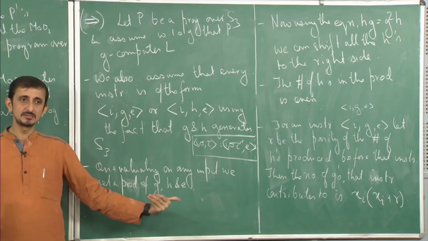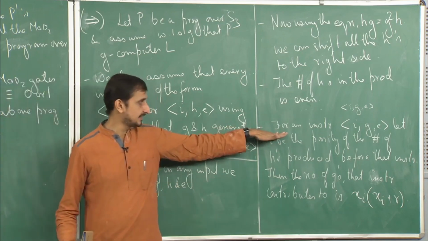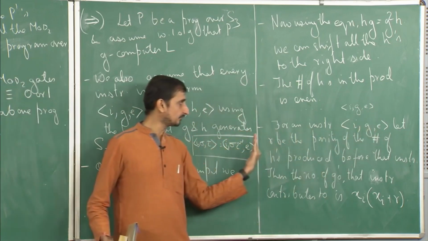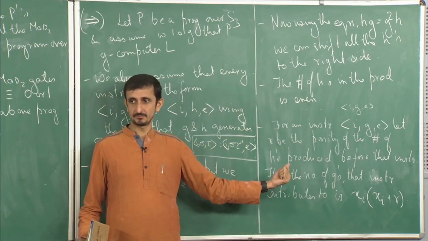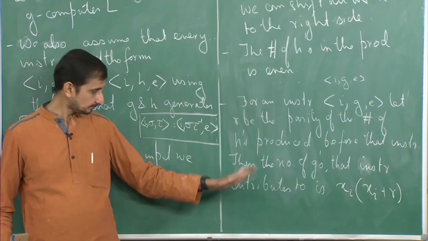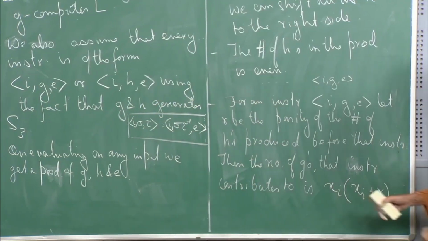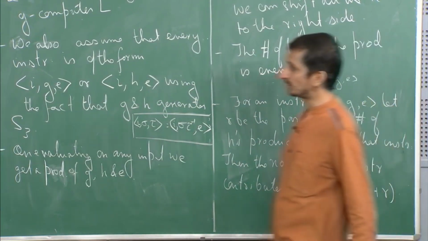Now using this sequence of instructions, I have to build a circuit. Here what I am saying is that if I take one G instruction, then the number of H instructions before that, only the parity of that matters, and that can be denoted by this. If you look at this term over here, we can consider a truth table corresponding to this term.